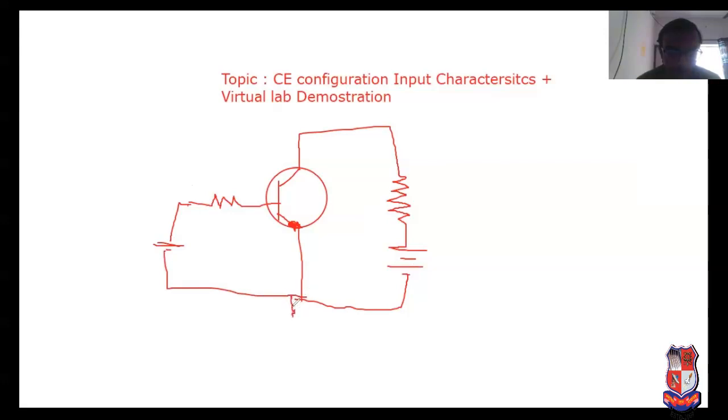See this is the ground. Here RC resistor. Here VCC. Now see, this is the IC current. This is here IB current. Here VBB battery.